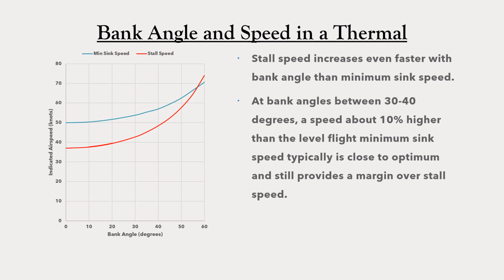If we're sticking in that 30 to 40 degree range and a speed that is roughly 10% higher than the straight and level minimum sink speed, then you've still got a pretty decent margin generally above the stall speed.